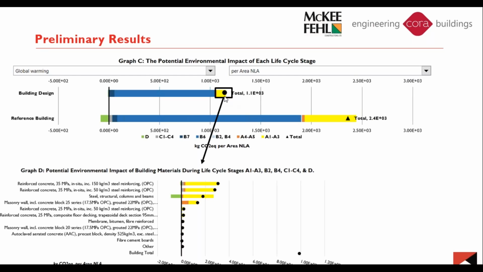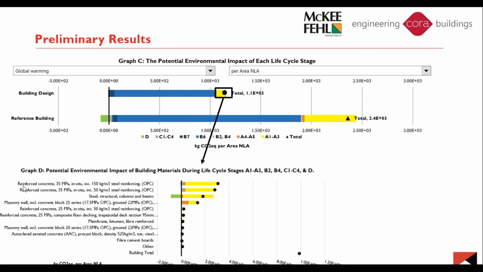If we look further at the environmental impact of the embodied energy stage, in LCA Quick we can see what are the materials that go towards creating that impact. In another graph on LCA Quick, which I'll show you in a demonstration of the tool, it lists the top 10 building materials that contribute to that A1 to A3 impact.